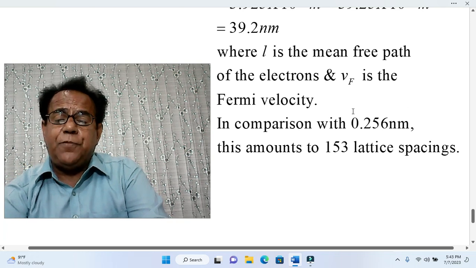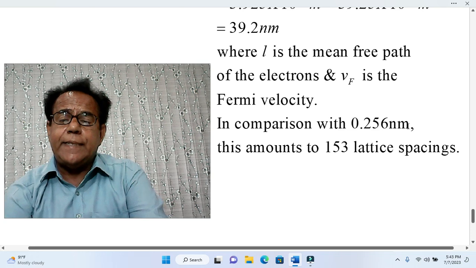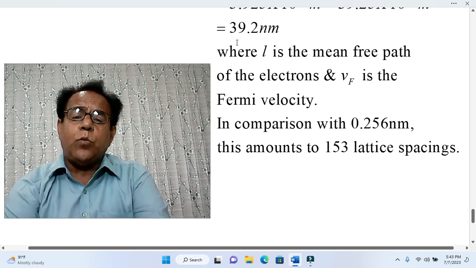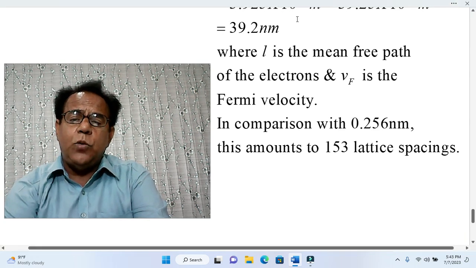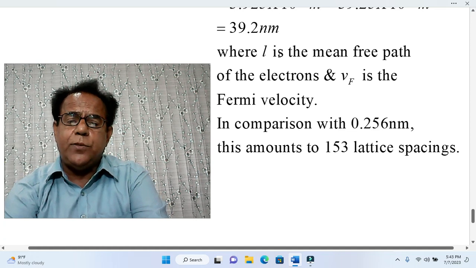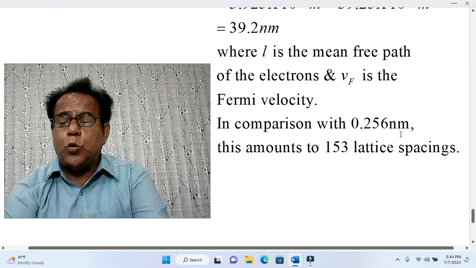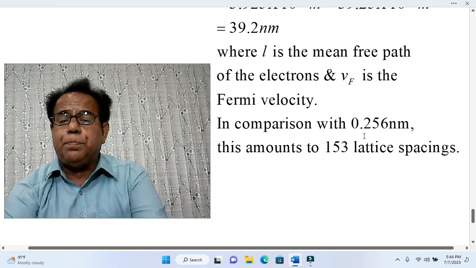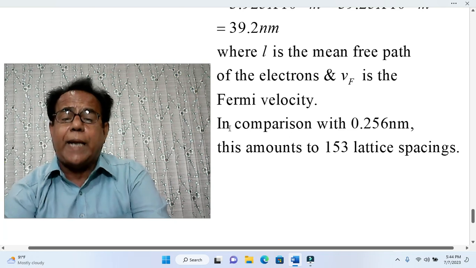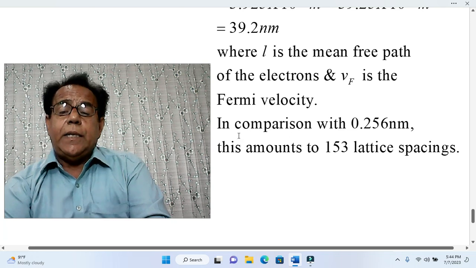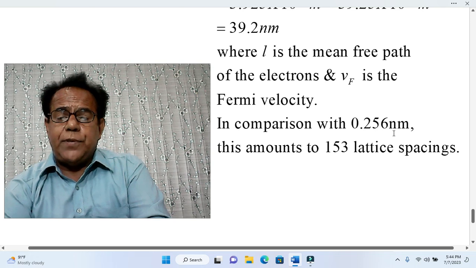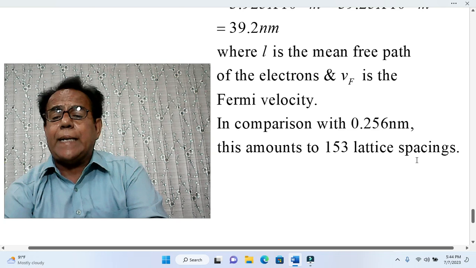We had emphasized that in the end we will compare this distance with the calculated value. So this value 39.2 nanometer is going to be compared with this value 0.256 nanometer, and on the basis of this comparison we are going to conclude that in comparison with 0.256 nanometer, this amounts to 153 lattice spacings.